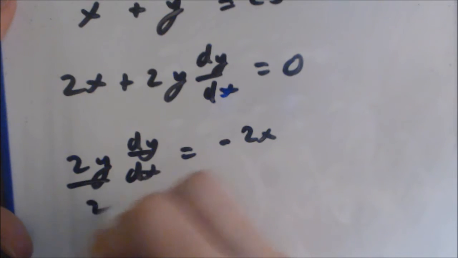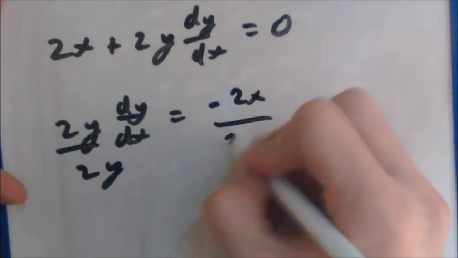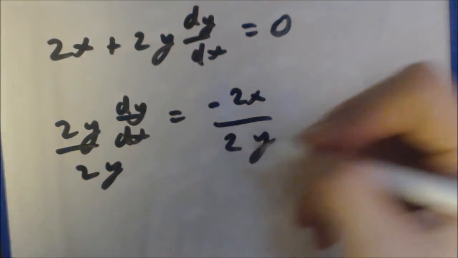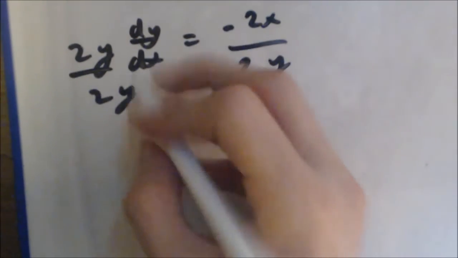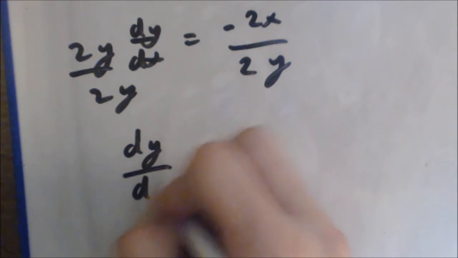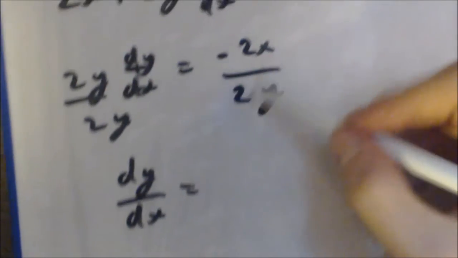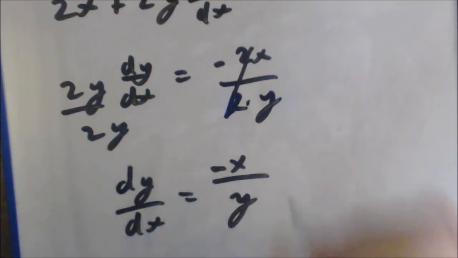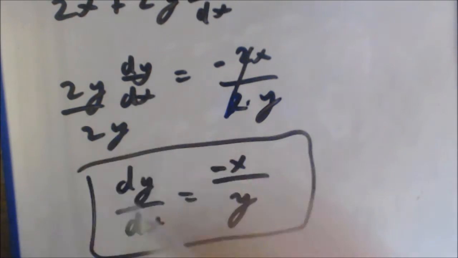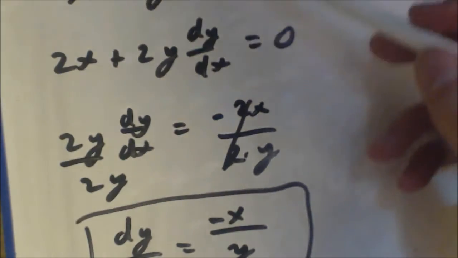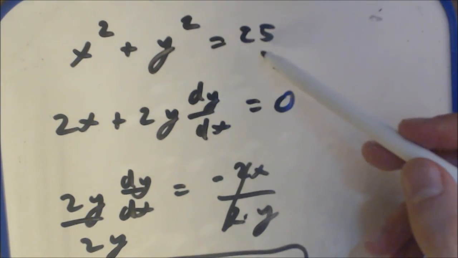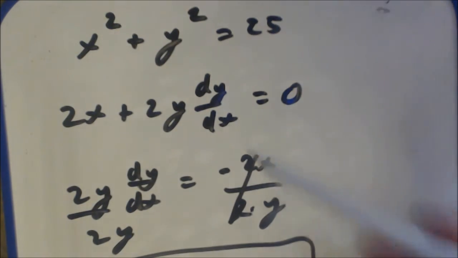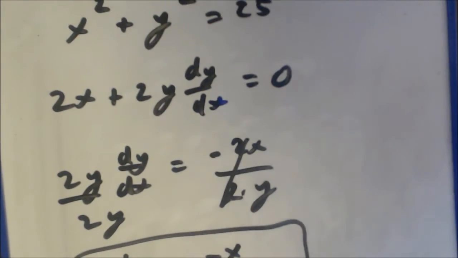Then we divide by 2y, and the 2's cancel, leaving dy dx equal to negative x over y. This is the answer to this problem. See how I should have shown you that first, because you didn't have to do the multiplication rule in this one.